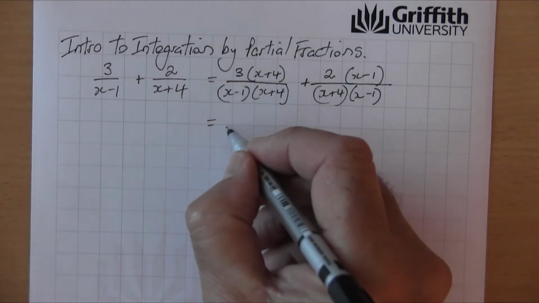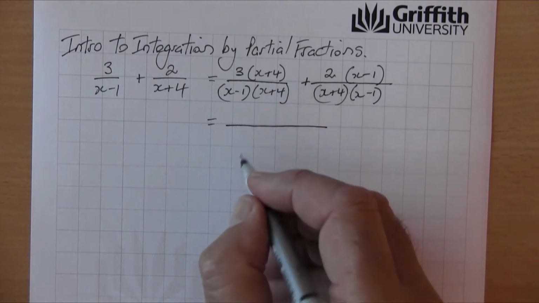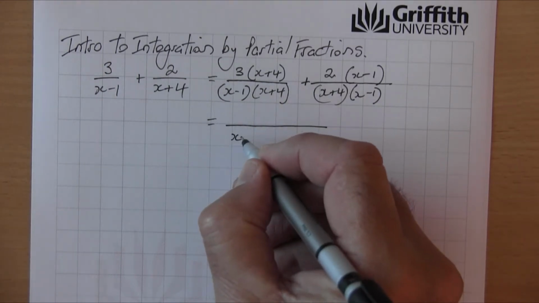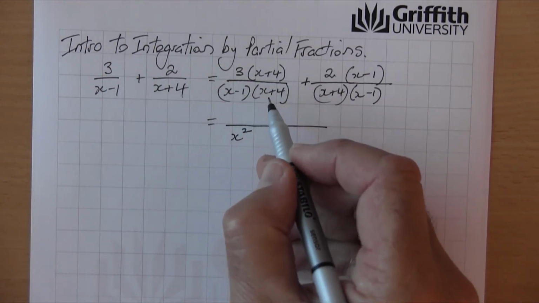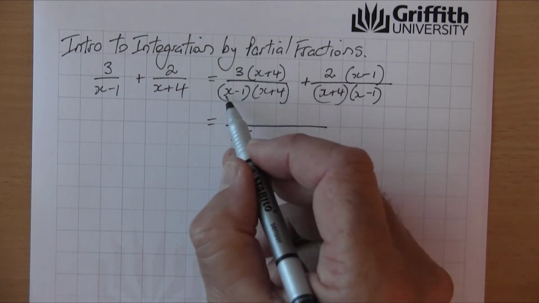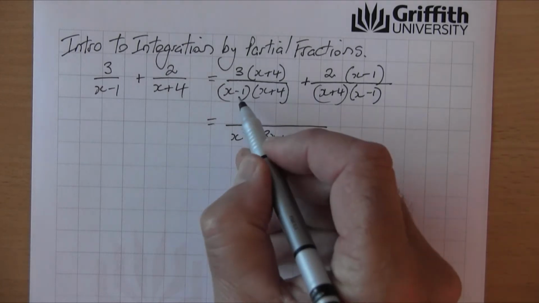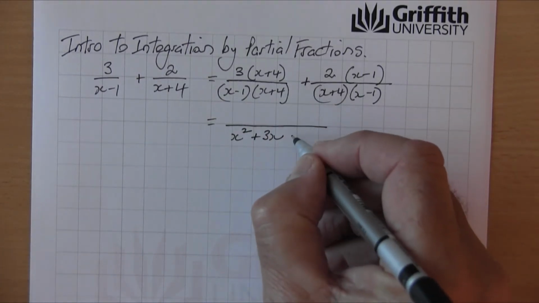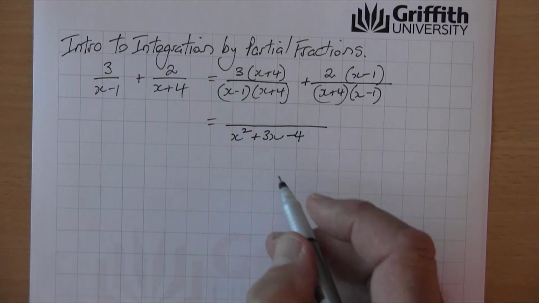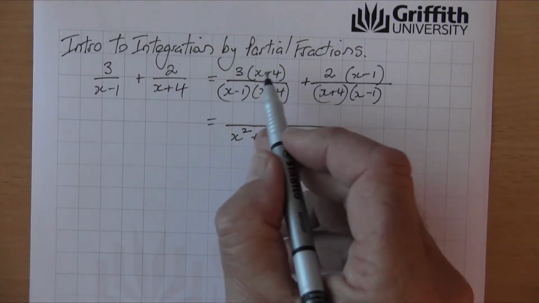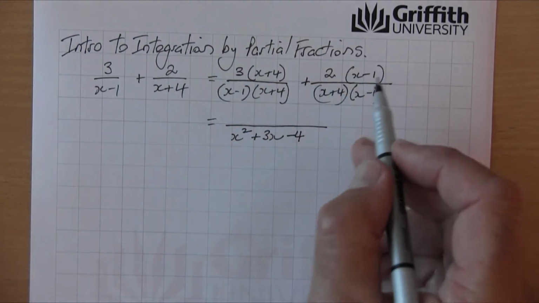Equals, when we multiply out the denominator, we get x squared, the inner plus the outer, minus 1x plus 4x gives us a net result of plus 3x, and then minus 1 times plus 4 is negative 4. Remove the brackets, so it's all of this plus all of that.